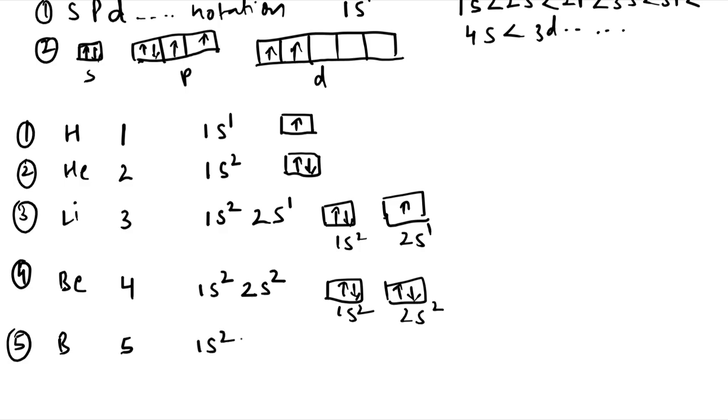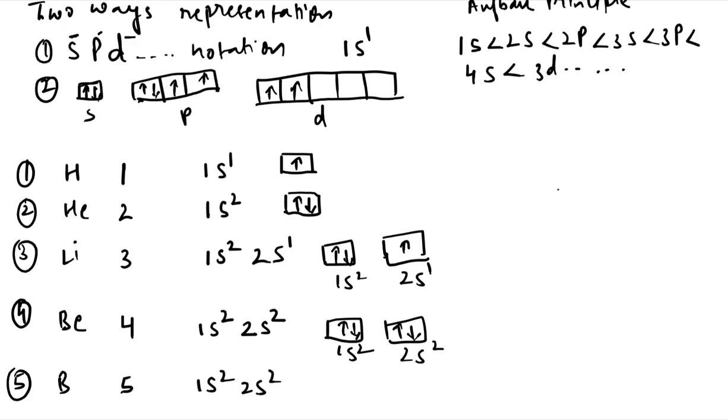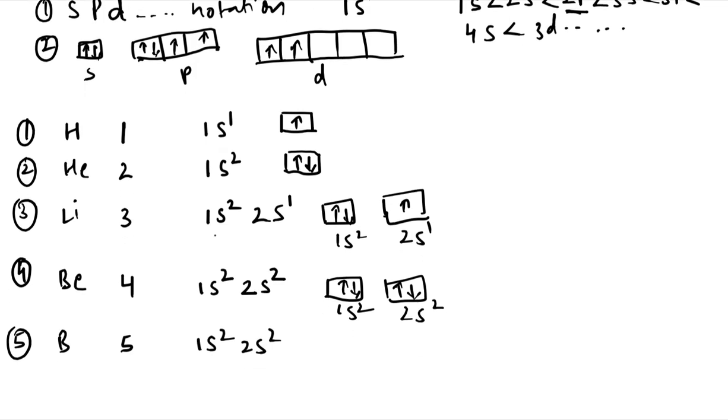Right? Then the fifth one is boron, which has 5 electrons. So it will be 1s2, 2s2. The maximum number of electrons which can occupy the s orbital is 2, that is why we have to move to the next orbital. According to the Aufbau principle, the next available orbital is the 2p orbital. 4 electrons are already occupied, 1 electron is left. So the electron is going to occupy 2p1.